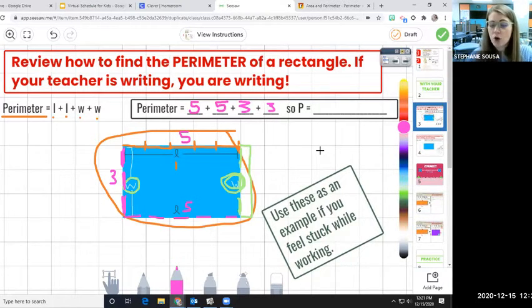So to find the total perimeter, we have 5 plus 5 plus 3 plus 3. This is where you get to do some mental math. I know that 5 plus 5 is 10, and I know that 3 plus 3 is 6. So my perimeter is equal to 16 units.